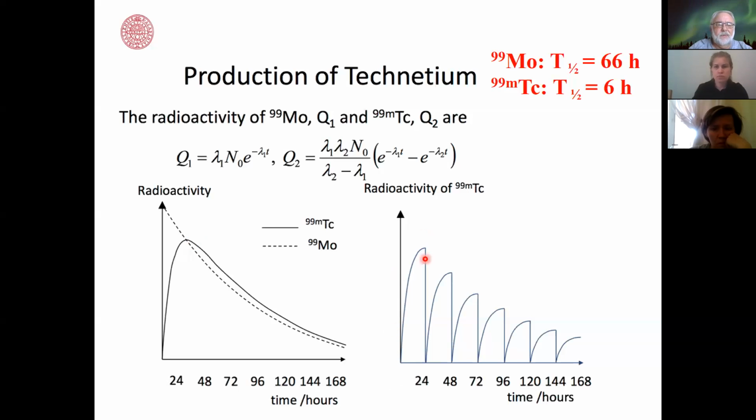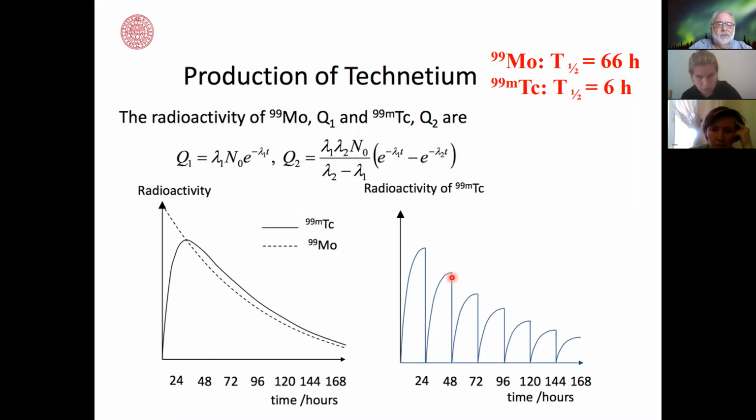Interestingly, if you separate completely daughter nuclide from the mother, its accumulation starts all over again before it would reach the activity of the mother nuclide.